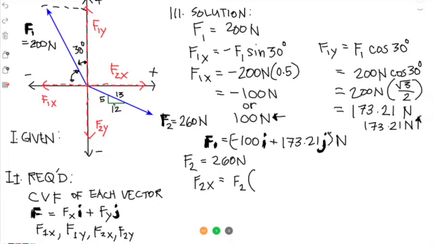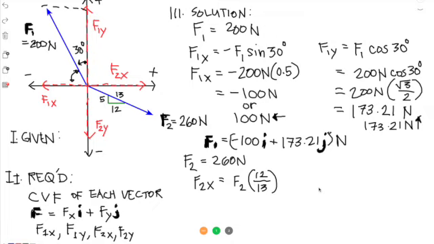So 12 is parallel to our f2x, so we will be using 12 over the length of the hypotenuse, which is 13.